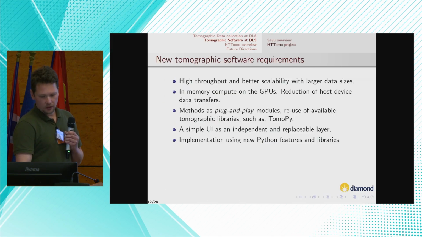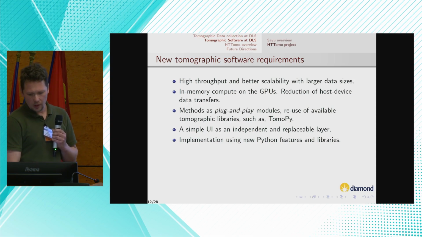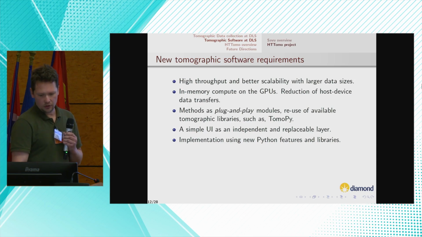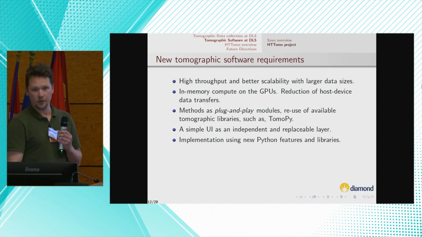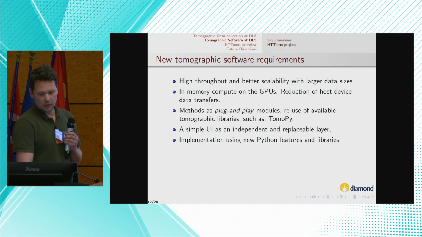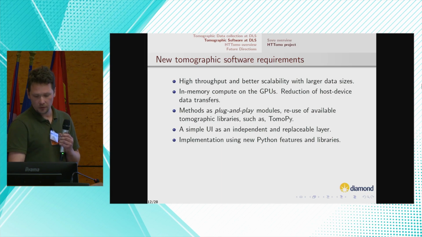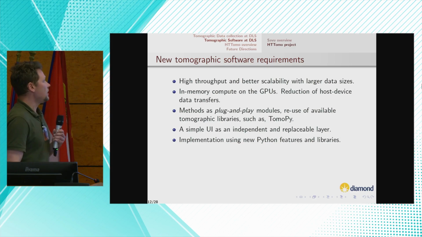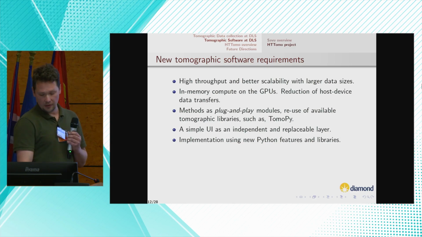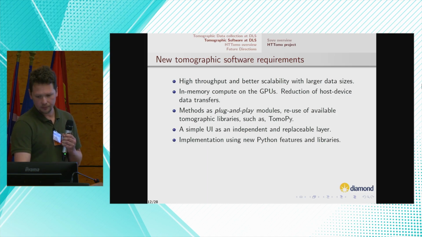For the HTOMO project, we came up with a certain set of rules or requirements that we would like to change. Essentially, with the Diamond 2 upgrade approaching, we started thinking about the scalability of tomographic software working with larger data, so we need some kind of high throughput, then potentially in-memory compute rather than the disk, so we would avoid this I/O bottleneck, and compute on the GPU as well.